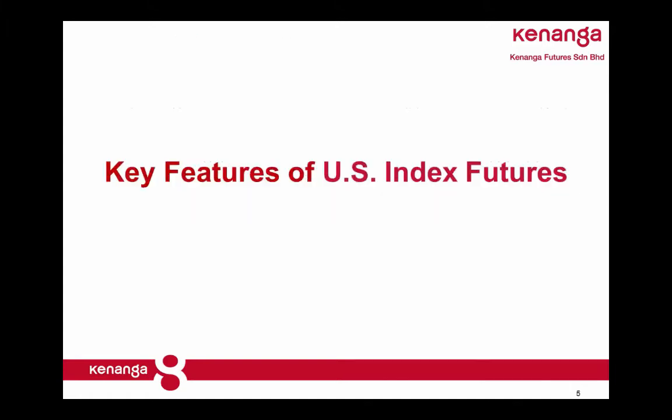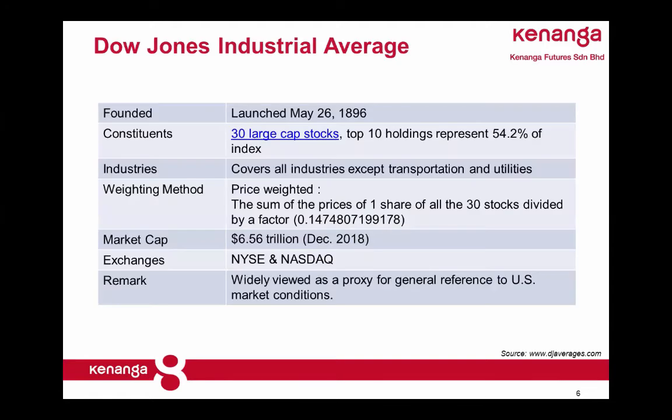Key features of US indexes. First, the Dow Jones Industrial Average. This is a 123-year-old index. It consists of 30 large capitalization stocks, and the top 10 holding companies represent more than half of the index weightage.